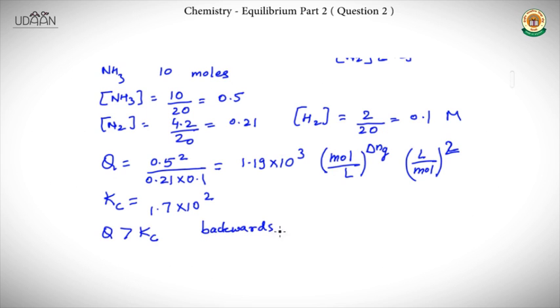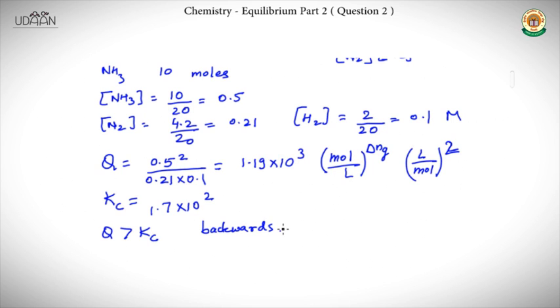Why? Because every reaction has a tendency to retain its equilibrium. When Q is greater than Kc, to attain equilibrium I need to decrease the amount of product and increase the amount of reactant. So the reaction will shift in the backward direction so that we approach Kc.